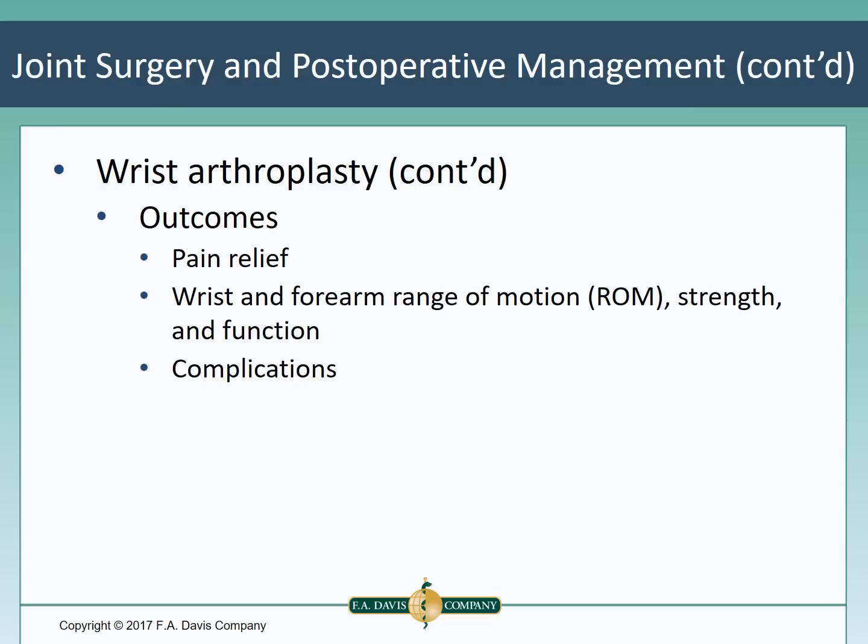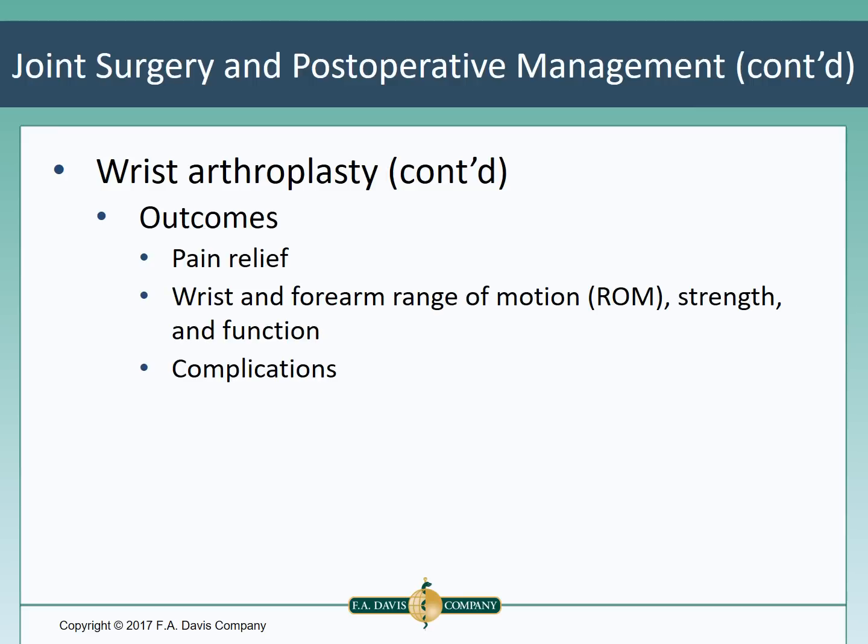When we look at the outcomes we have with patients that undergo these procedures, again, the goal is really pain relief, function, and stability. We're not as worried about range of motion at the wrist itself. And then there are a lot of complications that can come from these, from your normal ones such as infection, or, if we move them too much too soon, loosening.